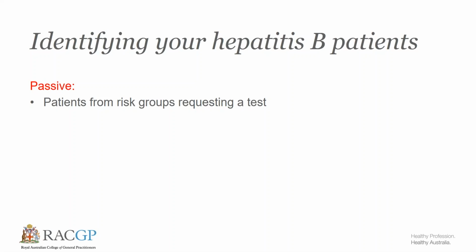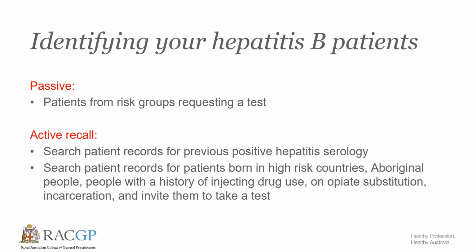So anyone who asks for a test and is in one of those risk groups we've discussed should be tested. But the next thing, and I'll ask Tim to comment on this, is how you can use your practice and quality improvement to find your patients who should be tested and get them in for testing. So Tim, can I ask?